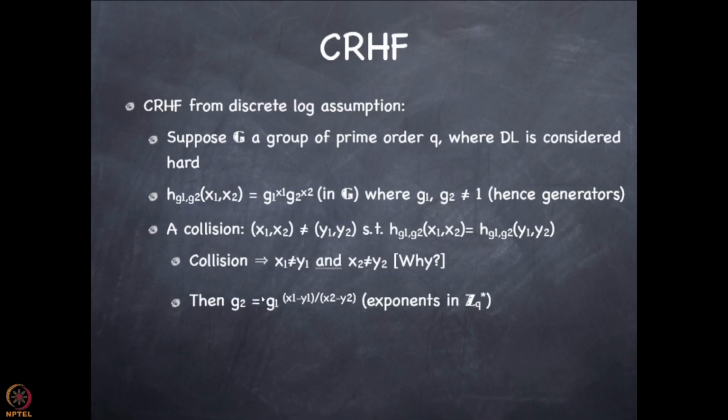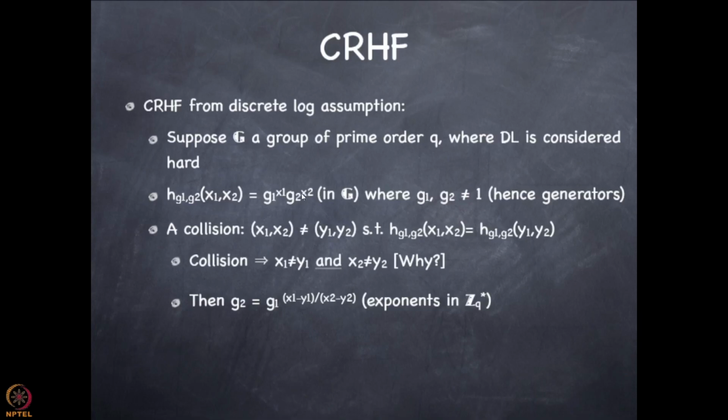I can write down this expression that I had earlier: g1 to the x1, g2 to the x2 equals g1 to the y1, g2 to the y2. You bring things with g1 on the right hand side, things with g2 on the left hand side.